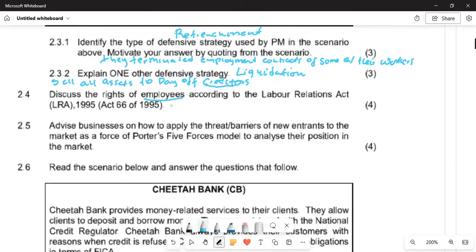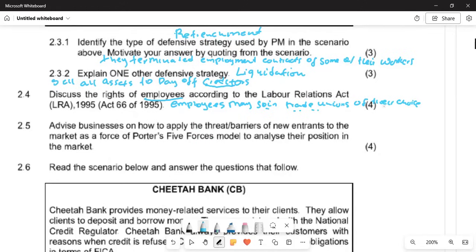According to this act, employees may join trade unions of their choice. So this act allows employees to join a trade union of their choice.